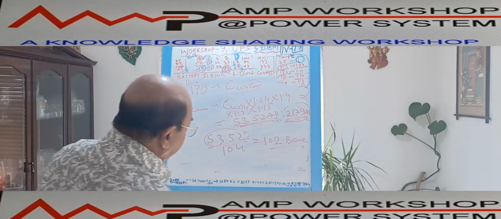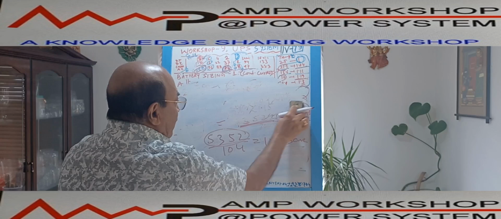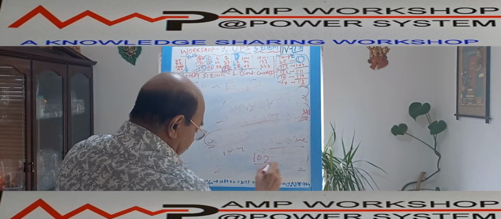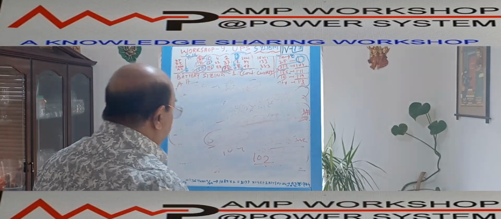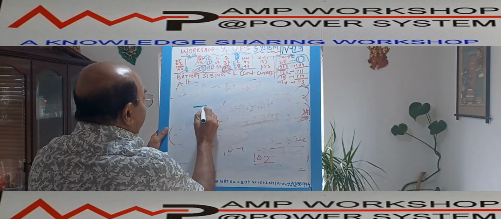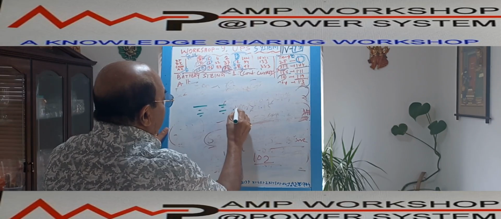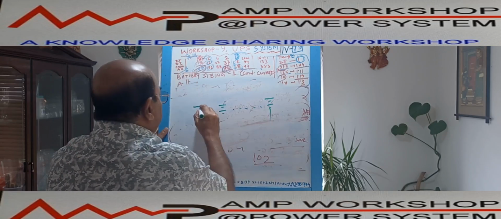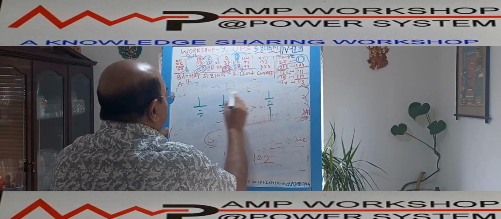Okay. So how will the battery connection be? If I want to use this battery, 102 banks are required, as we have seen. Now, how will they be connected? So this is the battery, and 102 banks will be here like this. All the positives will be connected in parallel.